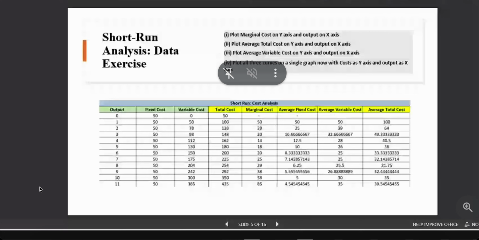So at output 1, the marginal cost is 50 because it's 100 minus 50. Then it's 128 minus 100, that is 28. Then it's 148 minus 128, that is 20. So if you look at this, the marginal cost decreases till 14. Then it goes on increasing till 85. Right. So I'll explain this through a graph now.